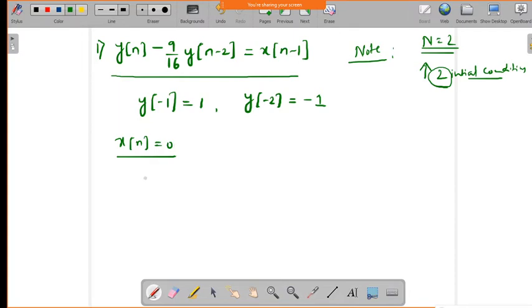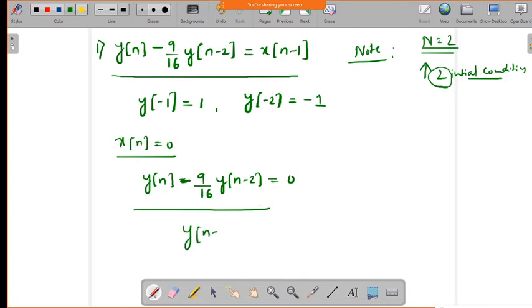So, then you will get y of n minus 9 by 16 into y of n minus 2, which is equal to 0. Now, in order to find the characteristic equation, replace y of n minus k with r power minus k.